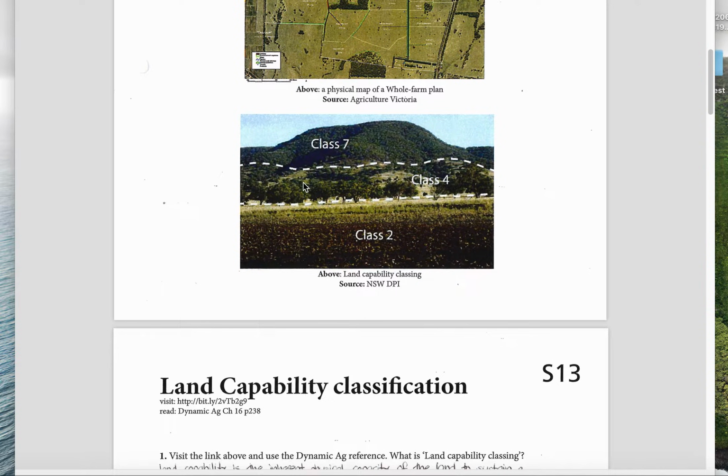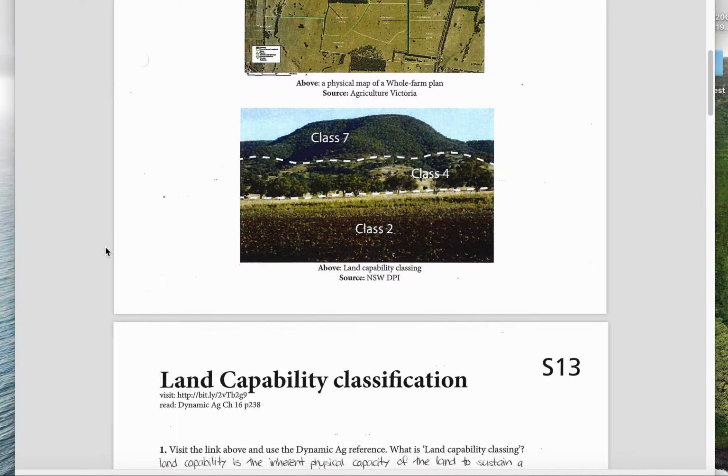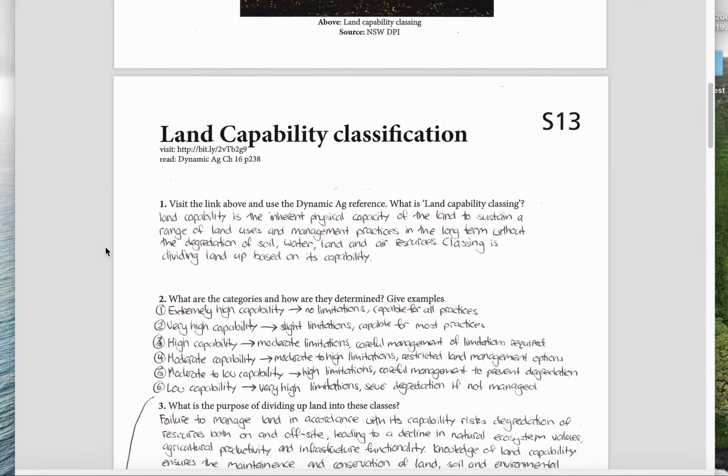It's probably not going to be cropping land, but it's going to be more like grazing land. You could have animals on there grazing, but the chances of things like erosion is increased on a higher land class. And then obviously you get to something like 7, which is probably beyond even grazing. It's basically just forests, really steep, maybe rocky as well. So as you move up through the classes, the land gets a bit more inhospitable to agriculture.